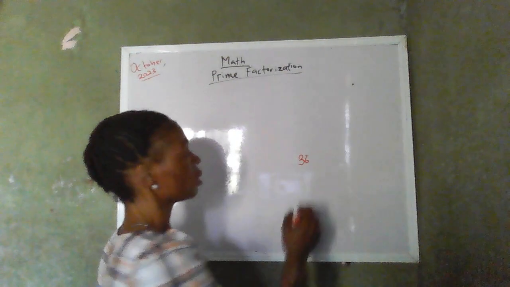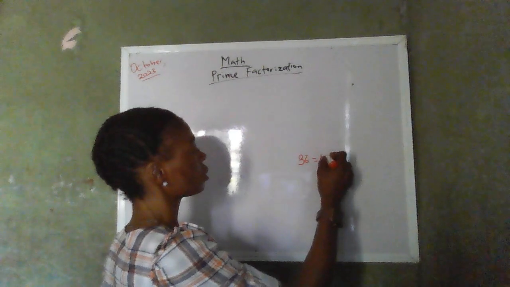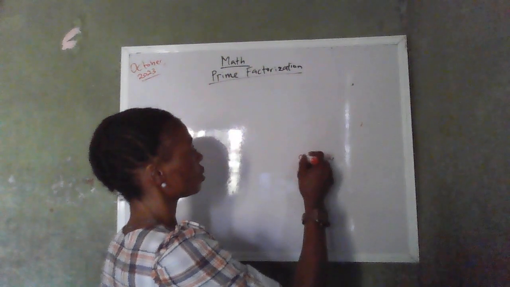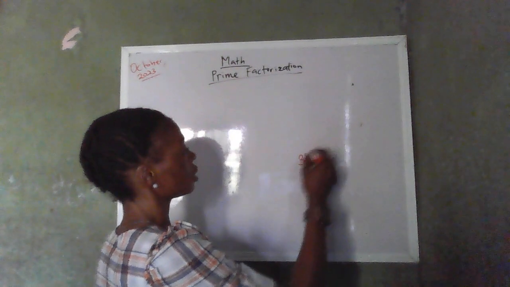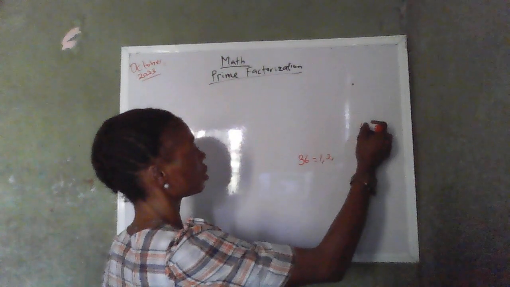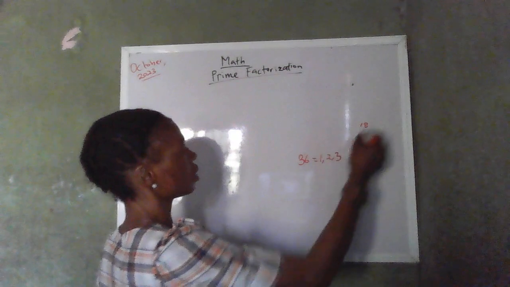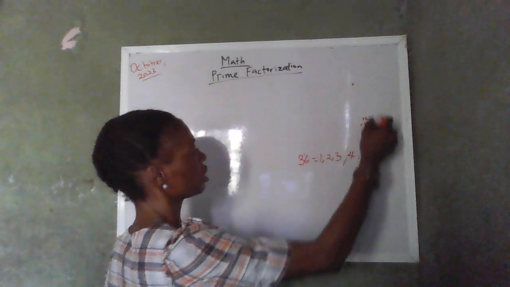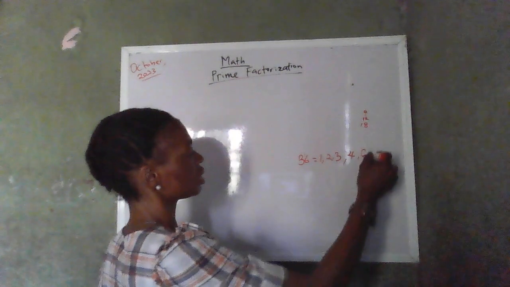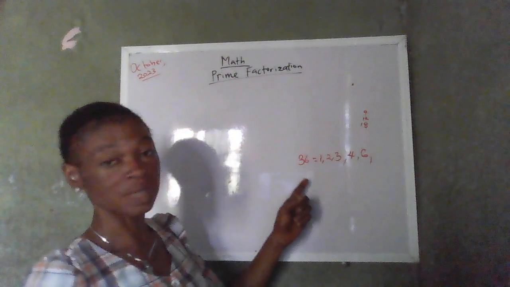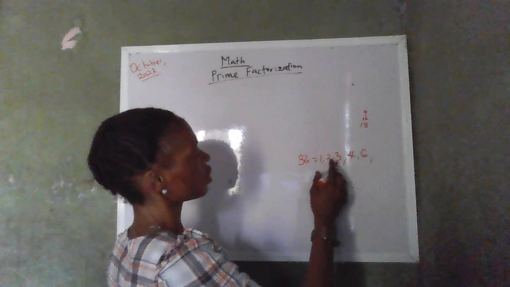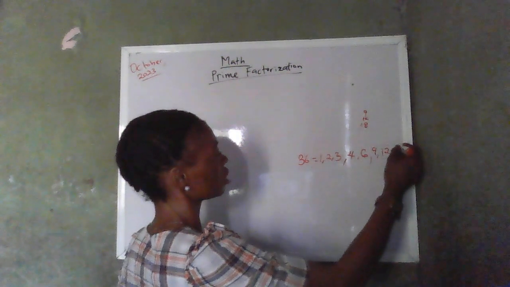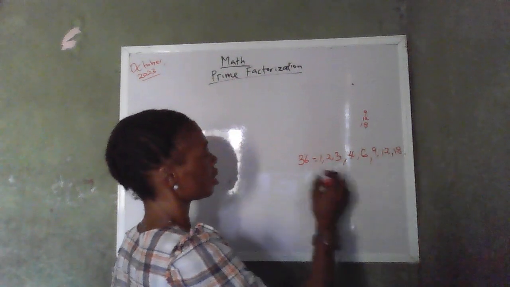We have 1 times 36, 2 times 18, 3 times 12, 4 multiplied by 9, then we have 6 multiplied by 6. Factors of 36, we have 1, 2, 3, 4, 6, 9, 12, 18, and 36.